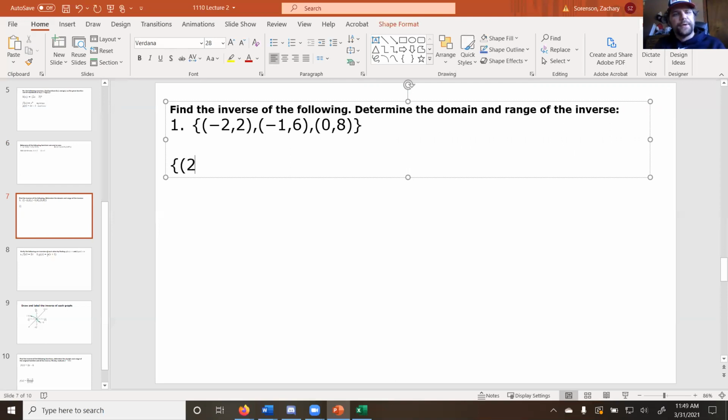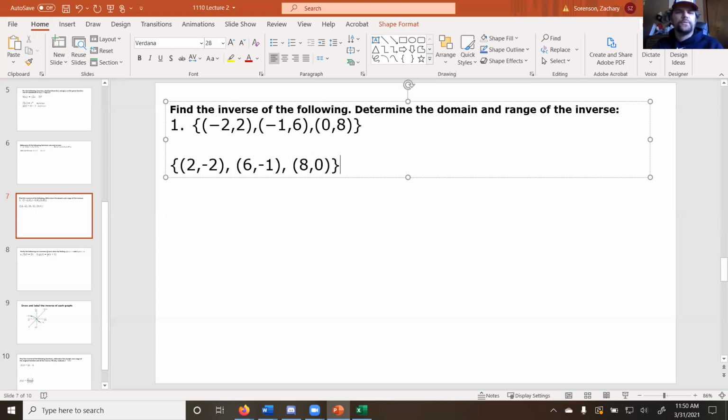So if my output is 2, my input was -2. I plugged in -2 to get that result. If my output was 6, what did I plug in? -1. If my output was 8, what did I plug in? 0.